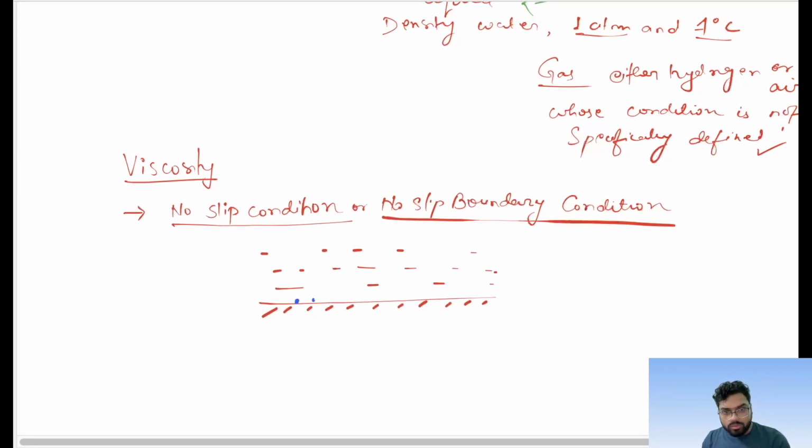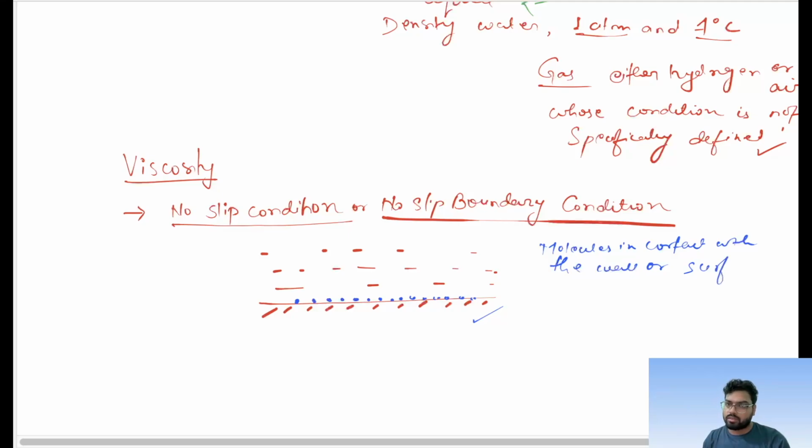The molecules which are in contact with the wall or surface will acquire the velocity of the surface.